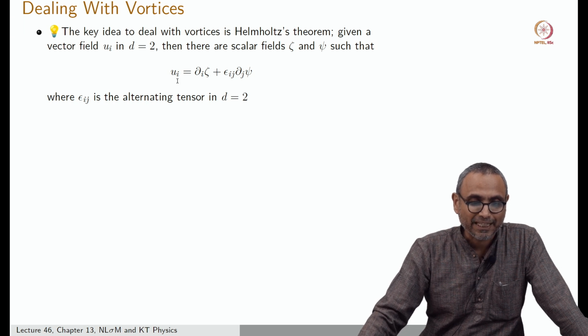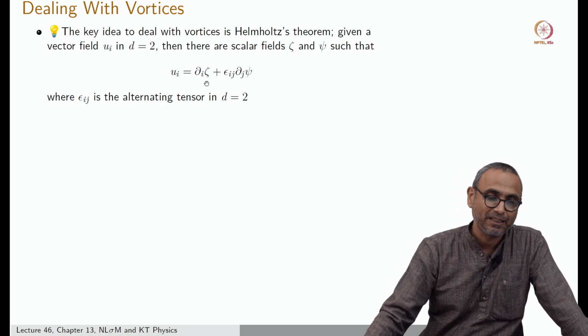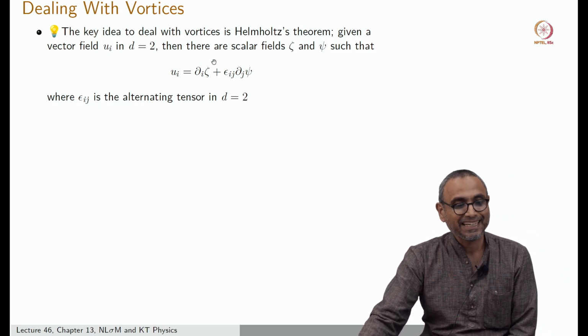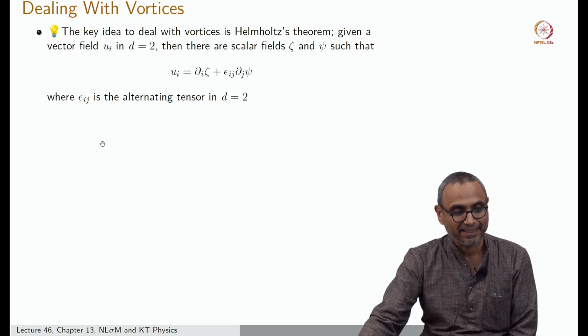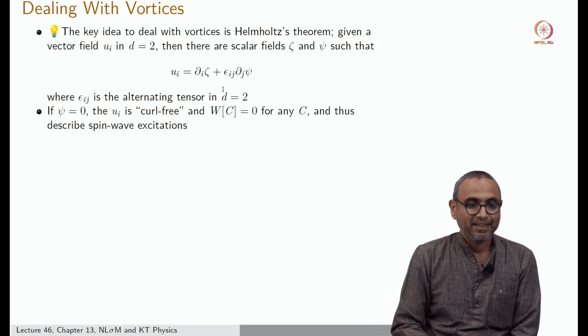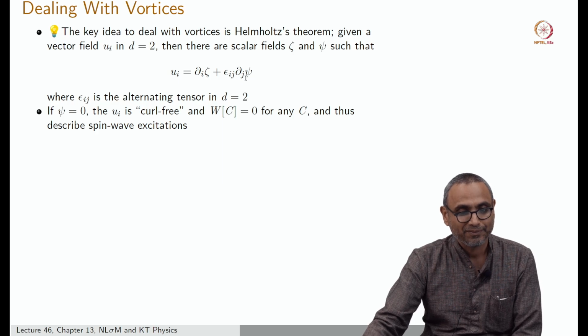So what this tells me is that u1, the one component of u, will be d1 zeta plus d2 psi, and u2 will be d2 zeta minus d1 psi. So that's the parameterization. Okay, so this is the alternating tensor, and this is the definition of this vector. Okay, so what if we start off with psi equal to 0?